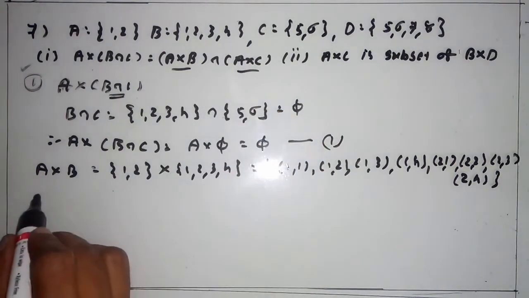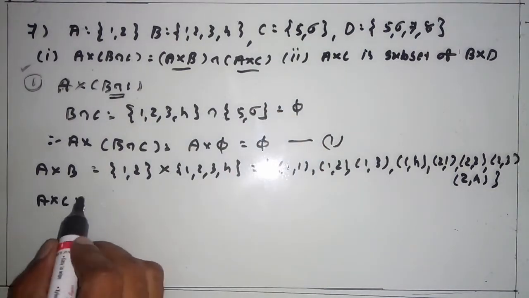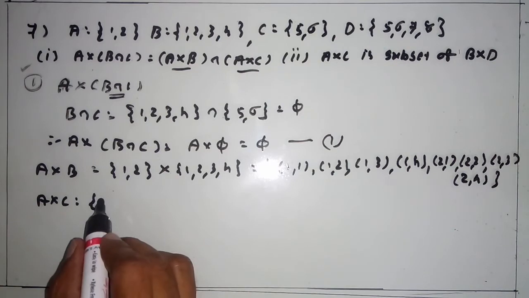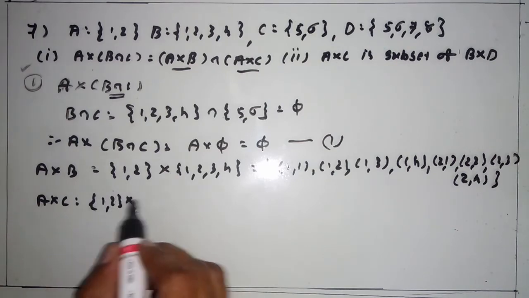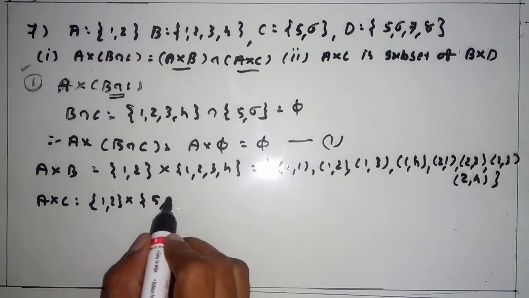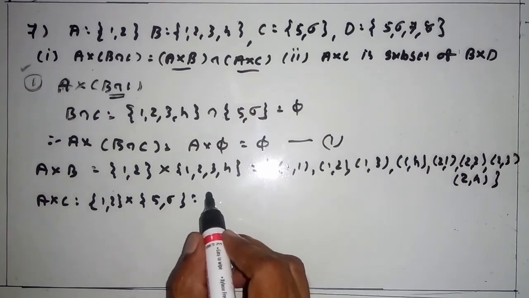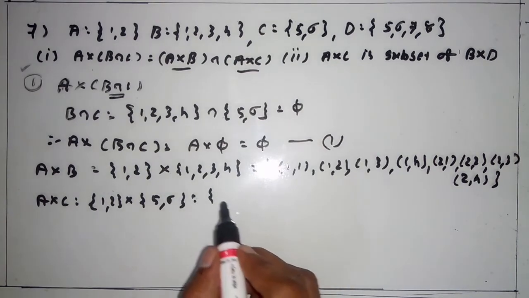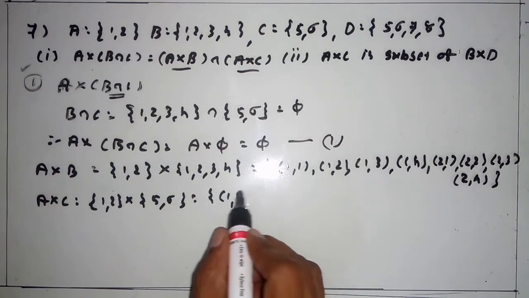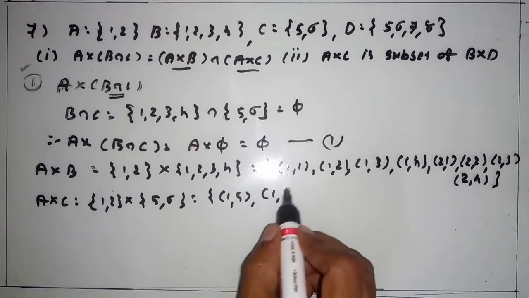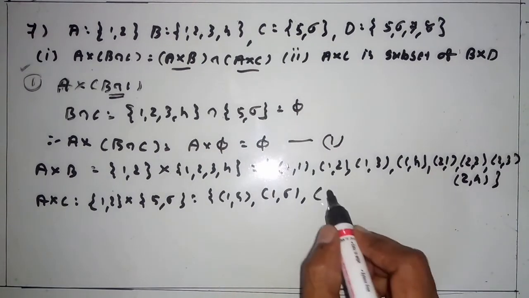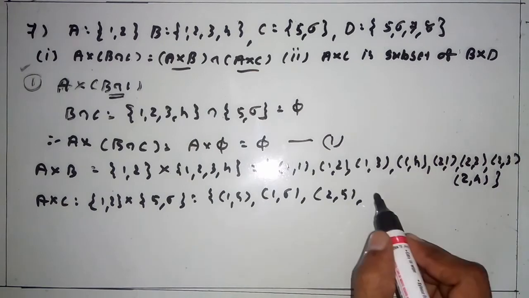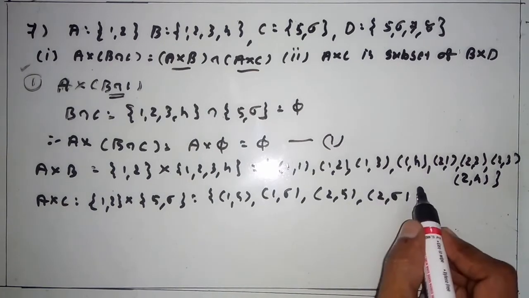Similarly, get A × C. A is equal to {1, 2} and C is equal to {5, 6}. So the cross product of these two is (1, 5), (1, 6). Now with 2: (2, 5) and (2, 6).